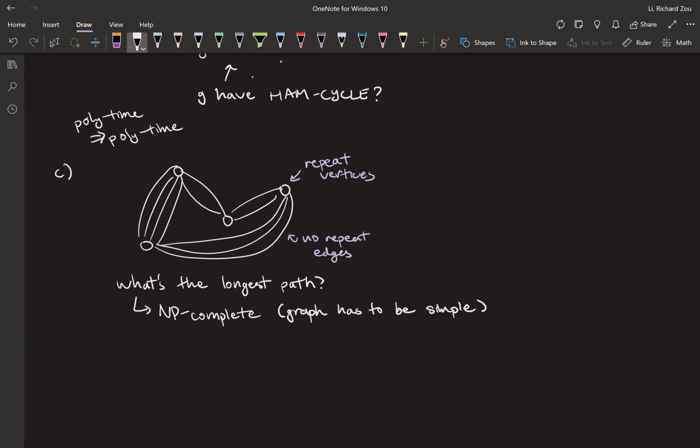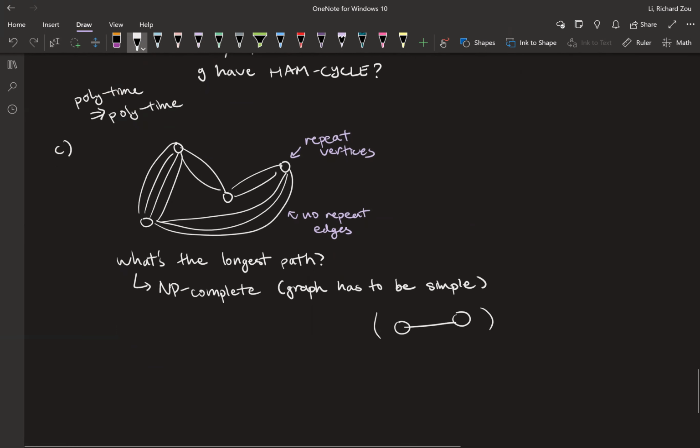Simple graph meaning there's only one edge between any 2 vertices. So I'm not exactly sure if this applies here. I'd have to do a little bit more research, but it just seems as if we take longest path and apply it directly here.